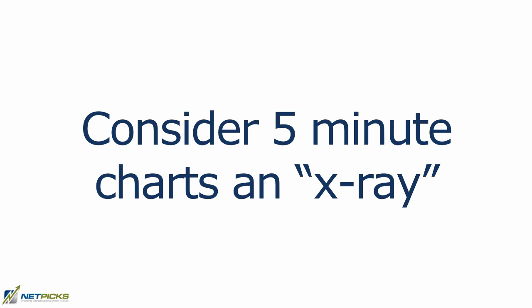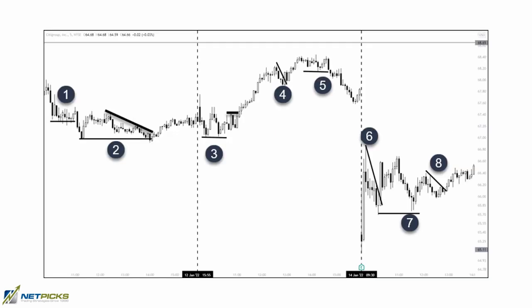The smaller time frame just makes it more noticeable. So think of the 5-minute chart as using an X-ray on the forming daily candlestick. That way you can see what is making up the daily candlestick by looking at the 5-minute chart. As we talked about, this time period is going to give you a lot of opportunities for a trading day.